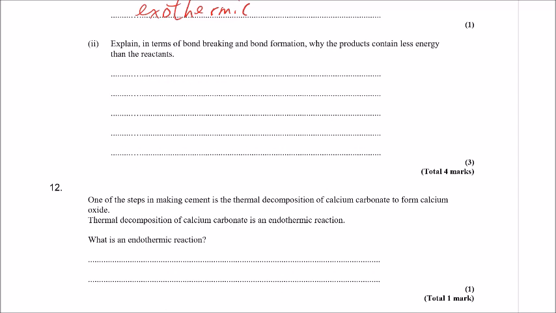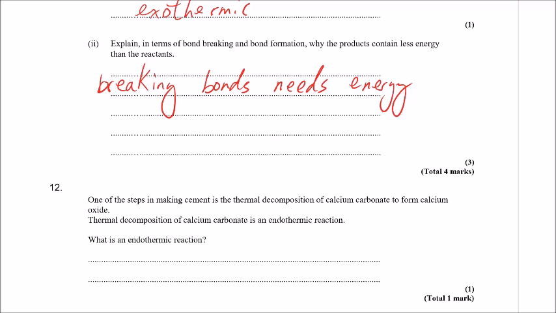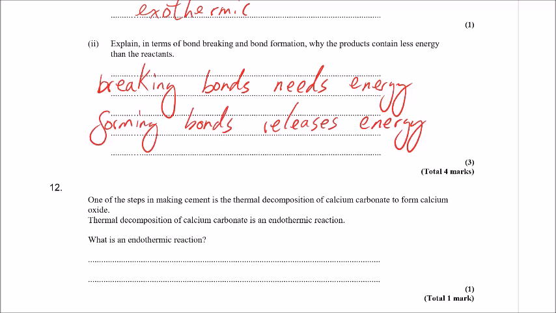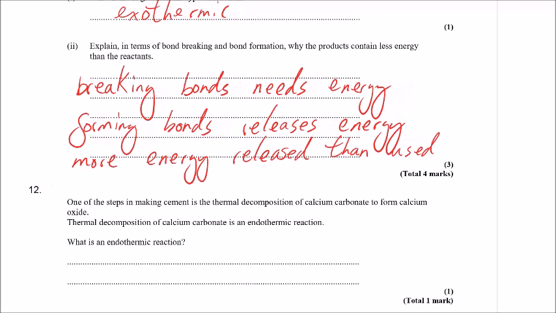Next question. Why do the products contain less energy? Breaking bonds needs energy. Forming bonds releases energy. So more energy is released from bonds forming than is used up to break bonds.